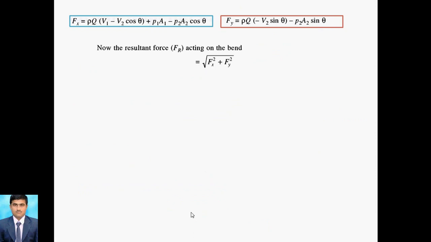From this Fx and Fy we calculate the resultant, that is the square root of Fx squared plus Fy squared, and the angle made by the resultant force is calculated by tan theta equal to Fy upon Fx.